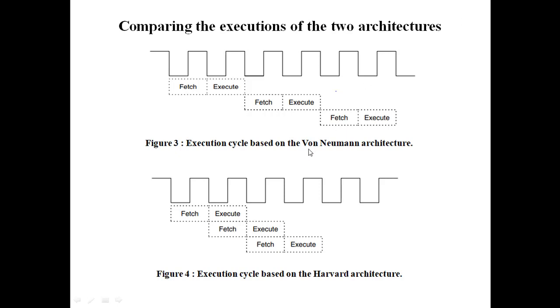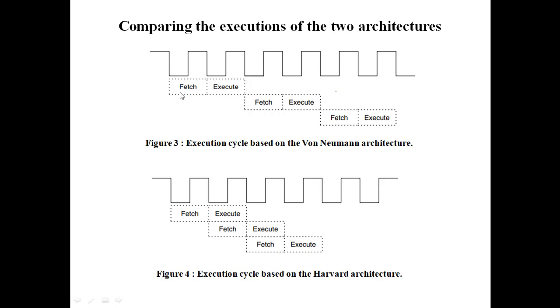That is, one is the von Neumann architecture and the other one is Harvard architecture. As we discussed in the previous slide, in von Neumann architecture, the fetch and execution cycles happen in a serial fashion, right? First it will fetch the instruction, it will decode the instruction, and according to the decoded instruction, the processor will execute that instruction.